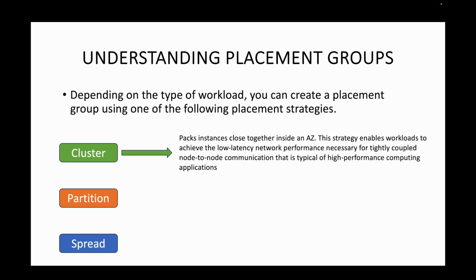This strategy enables workloads to achieve the low latency network performance necessary for tightly coupled node to node communication that is typical of high performance computing applications. So if you want to reduce the network latency and if you want these instances to be tightly coupled with each other, then you can go with the cluster placement group.